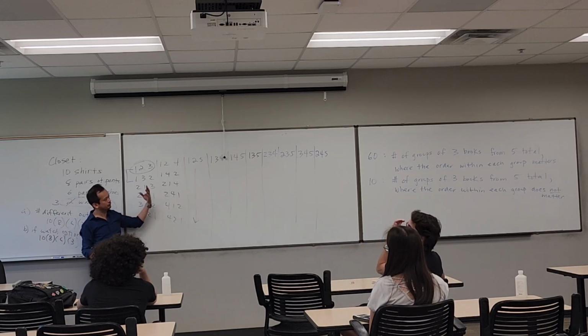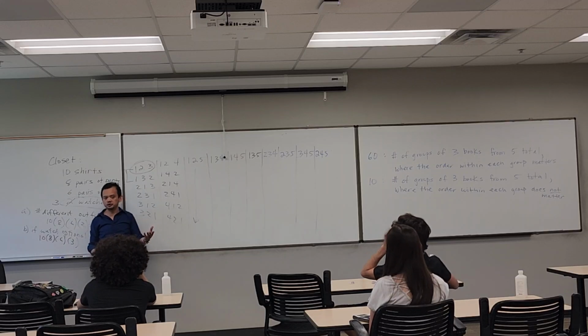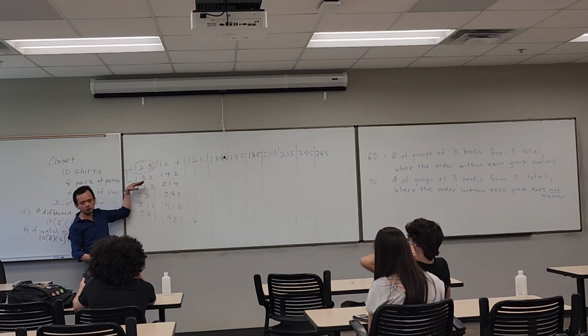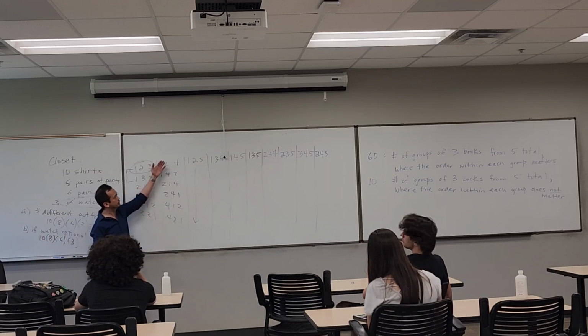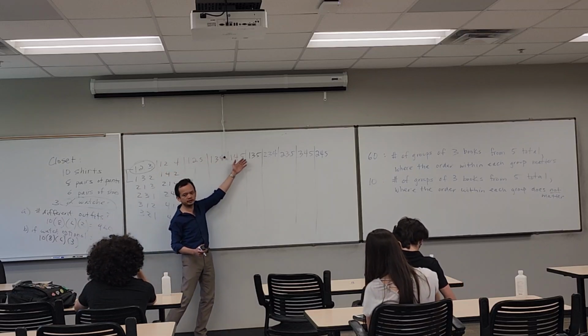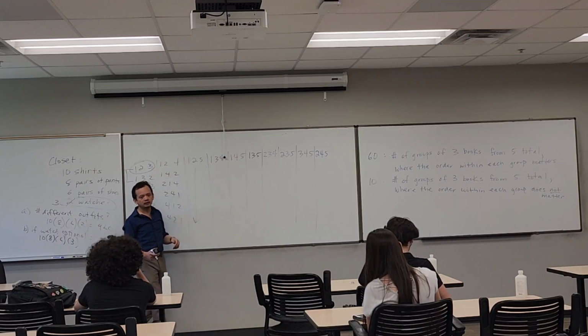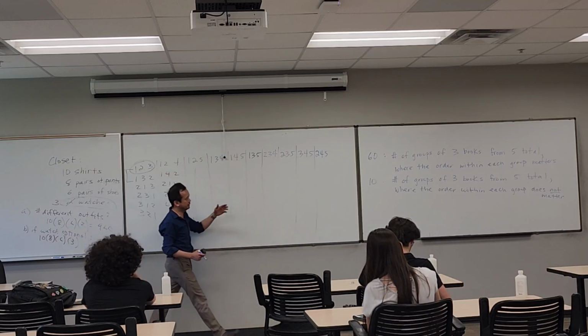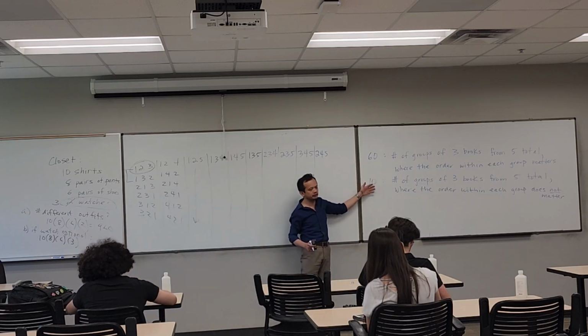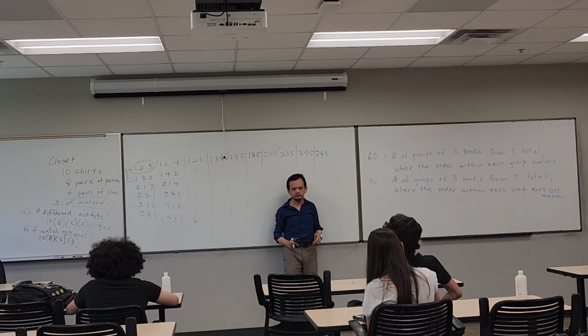So if you want to ask how many different sets of 3 books could you carry around, then that means you don't care about order, and you only care about the number of columns here, which ends up being 10. Okay, so if you care about order, that's the 60. If you don't care about the order, that would be the 10. Any questions?